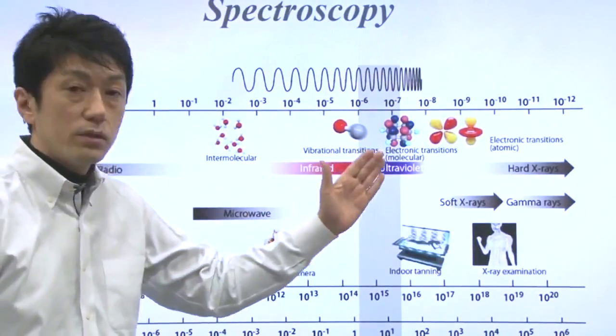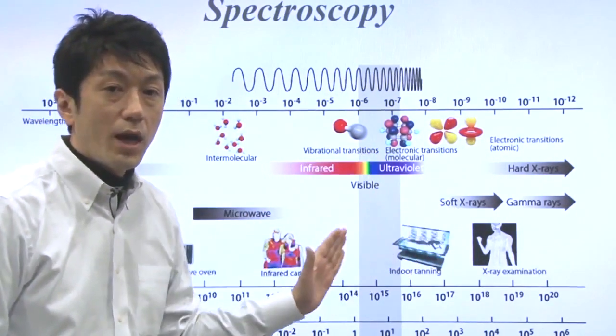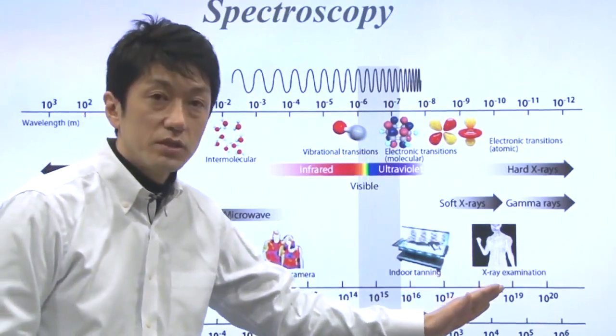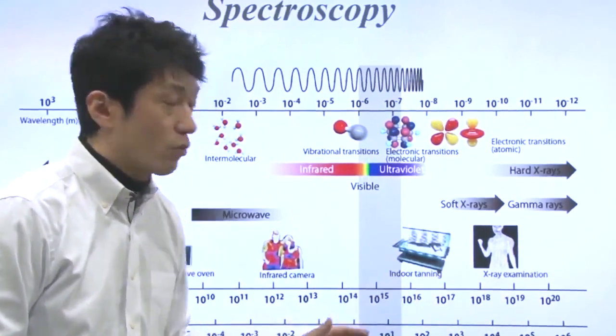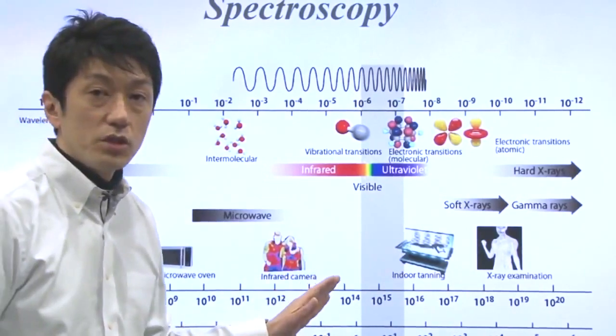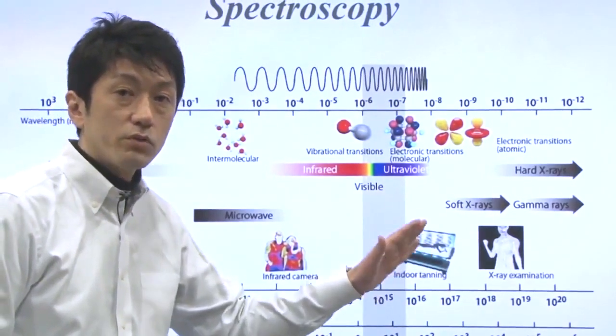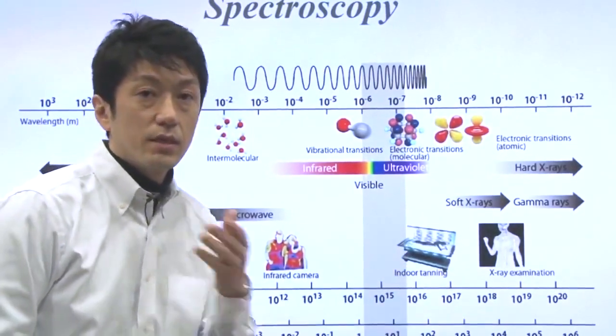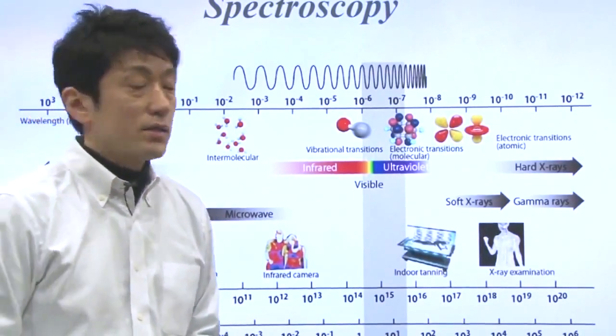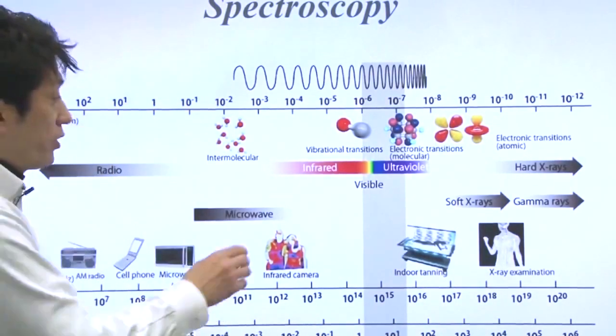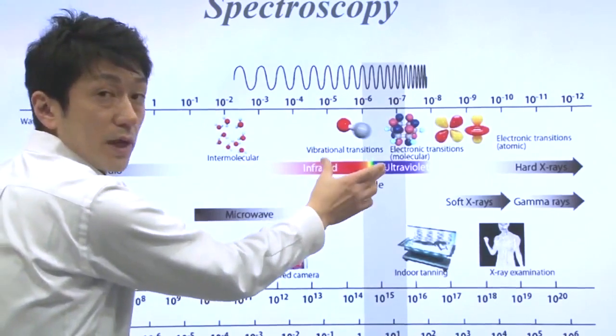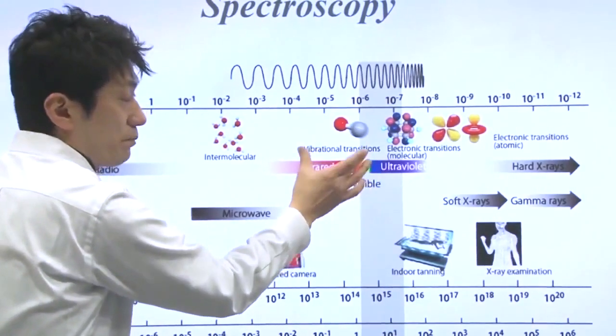The shorter the wavelength is, the higher the energy is. In other words, the energy levels are proportional to the frequency. Our eyes can detect only this part of the light. We call it visible light.